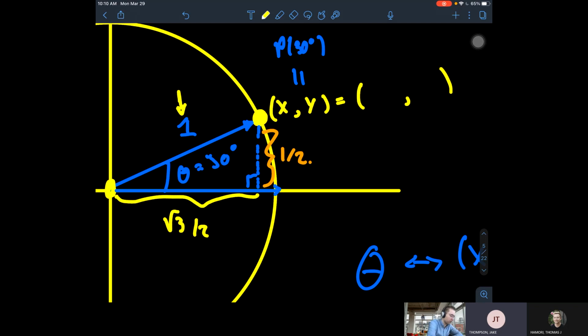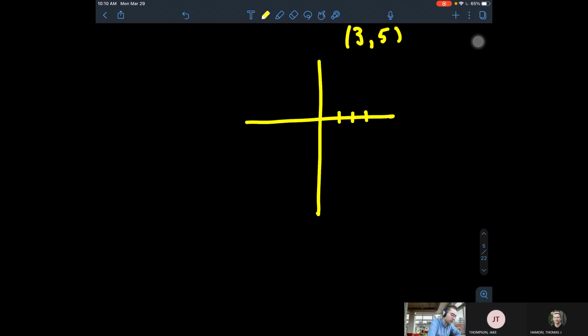Well, I'm looking for the coordinates of this point here, which is a point in coordinate space. For example, if I want to graph the point 3 comma 5, I go over 3 units, and then I go up 5 units. And that's the point 3 comma 5, right?